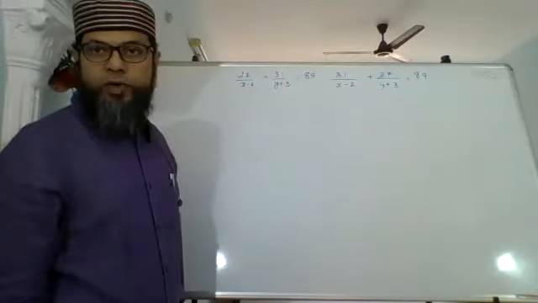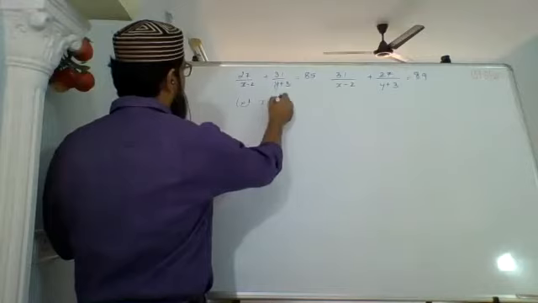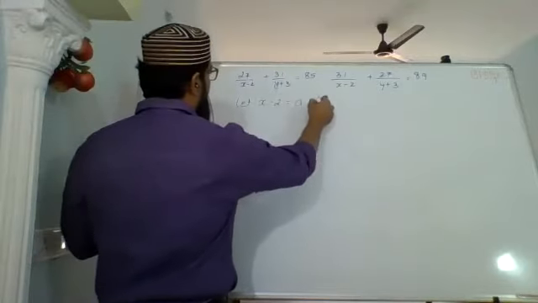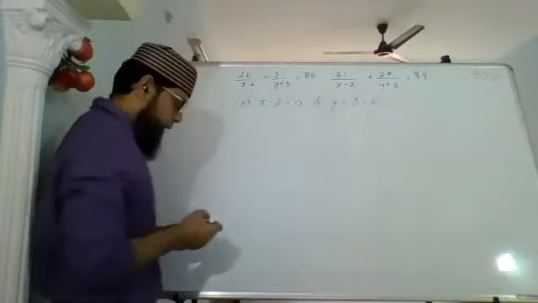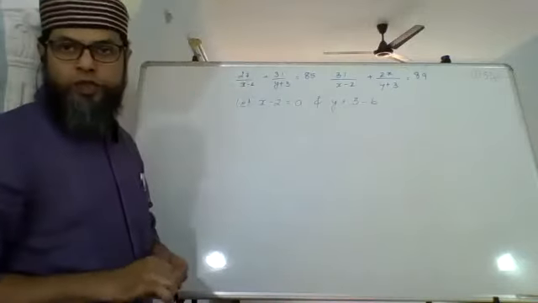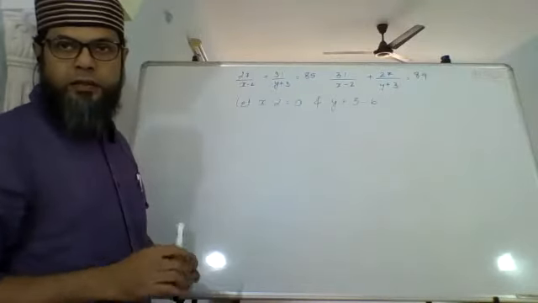Now, in this, what we are going to do is, we are going to say, let x minus 2 equals to a and y plus 3 equals to b. Till here clear?